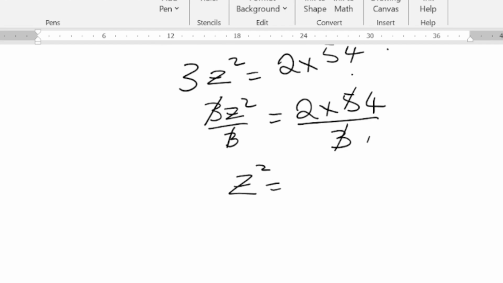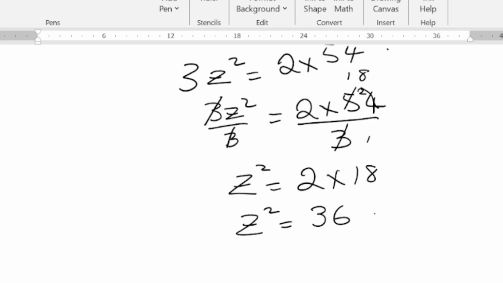3 into 5 is 1, remainder 2. We bring it here. 3 into 24 is 8. Okay. So here we have 2 times 18. Now what is 2 times 18? 2 times 18 is 36. And so like we said, this means that it will give us two values. So we find the square root of both sides.